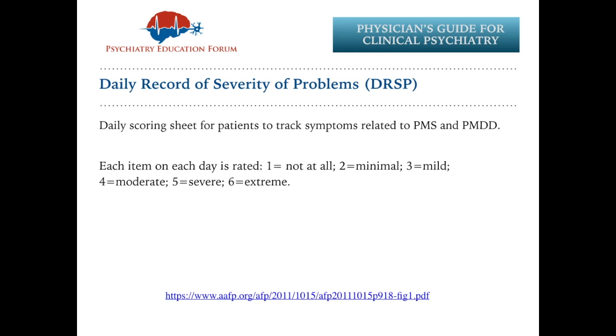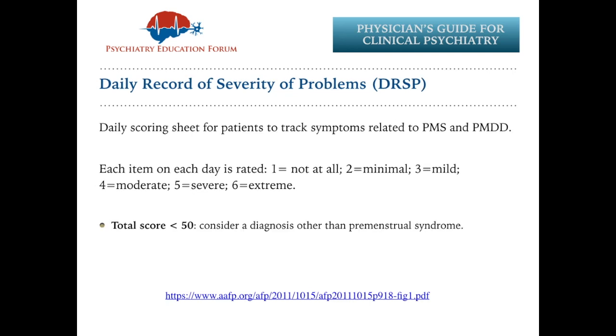And then you count all the numbers, and if the score is less than 50, then the diagnosis of premenstrual syndrome is less likely. And if the score is more than 50, then you have to record 2 cycles to give somebody a diagnosis of PMDD. Again, please review that PDF link that I have placed downstairs.